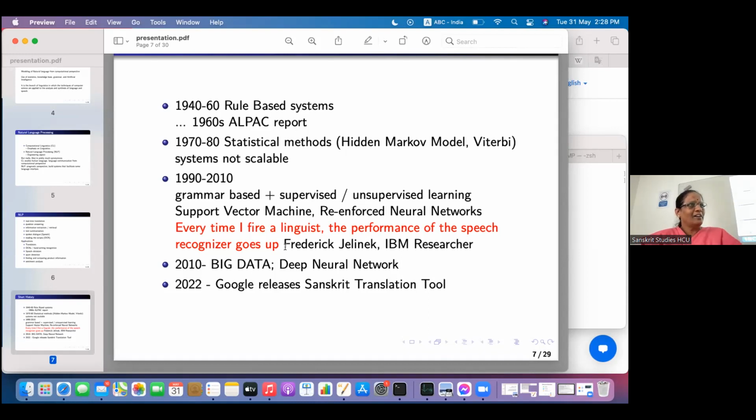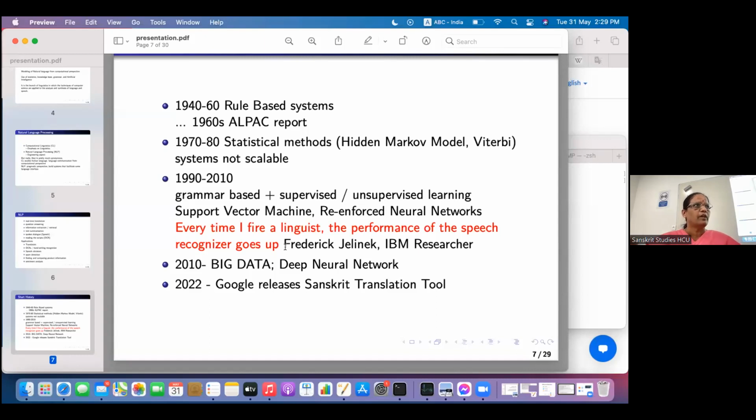So what was happening was, a linguist or any person who is working on language modeling has to provide certain rules to make the system work. And these linguists were not able to frame the rules faster than the machine.